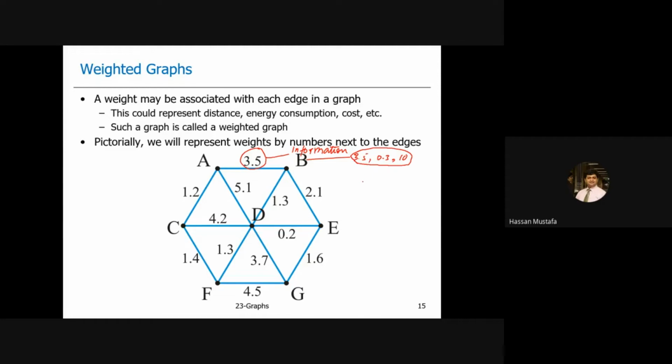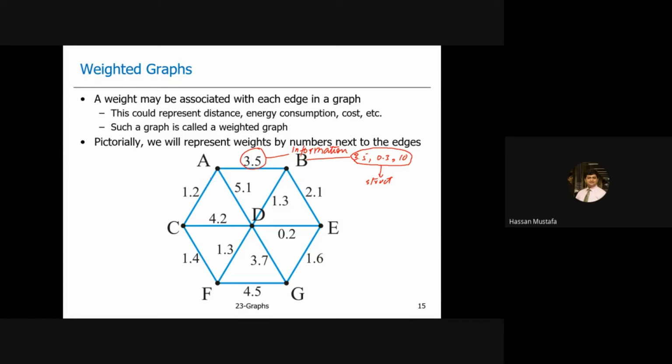If we talk about C++, we can store all this information in one structure or a class, and we store that specific object in this edge. We'll see the exact implementation of how we implement this edge, but the information that it represents is called the weight of the edge.